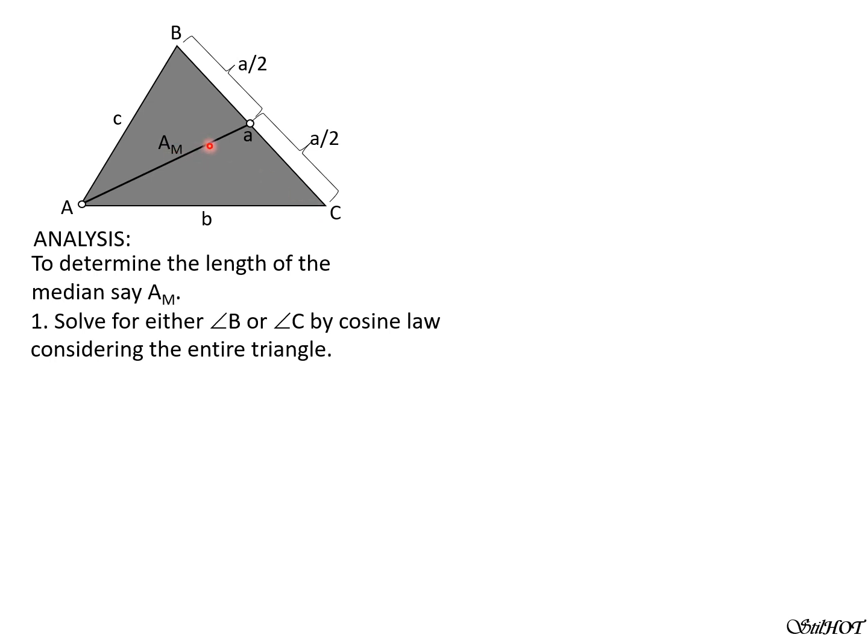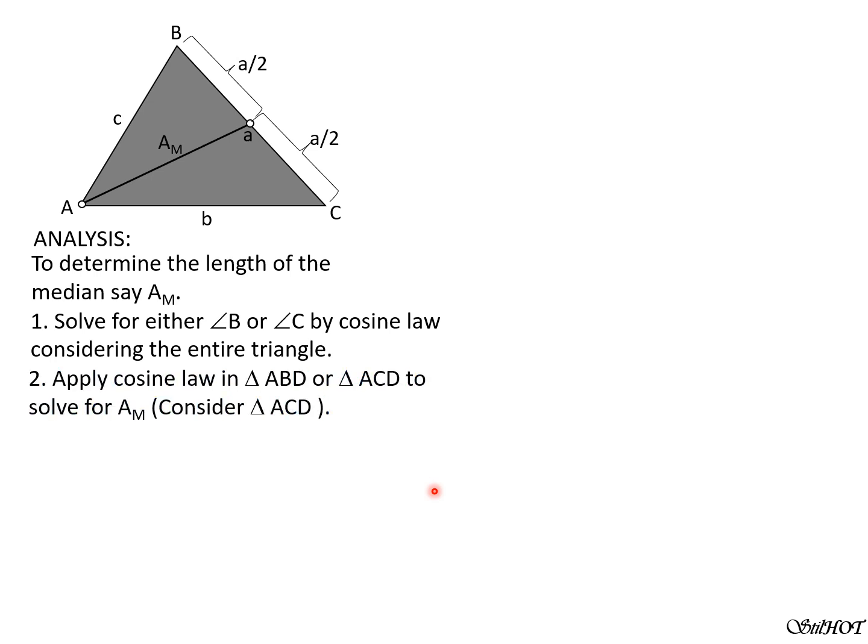Right? A sub n square is equal to B square plus quantity A over 2 square minus 2B times A over 2 cosine of angle C, which can be reduced to A sub n square equals B square plus A over 2 square minus AB cosine of angle C, because 2B times A over 2 is AB. So that's the formula without memorizing the direct formulas.